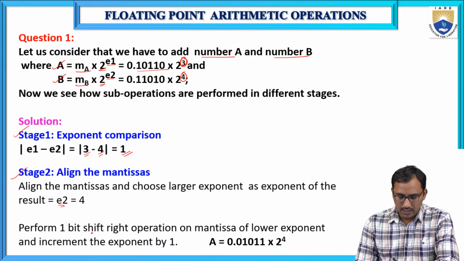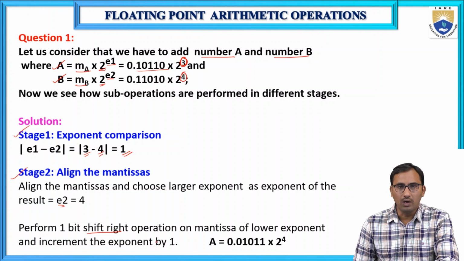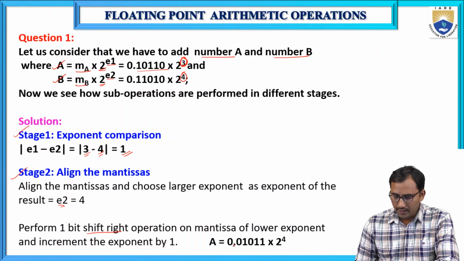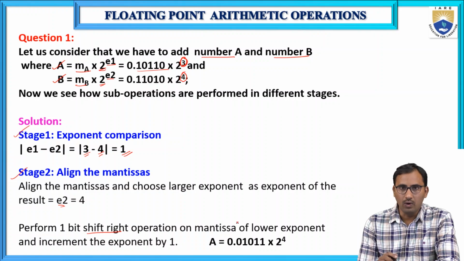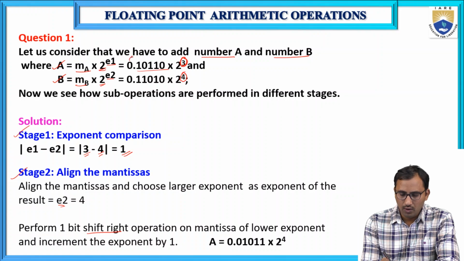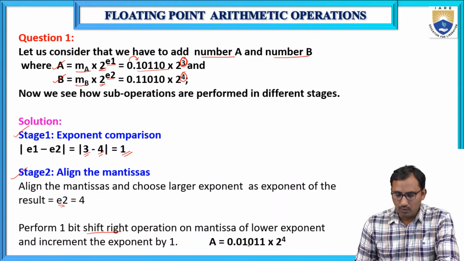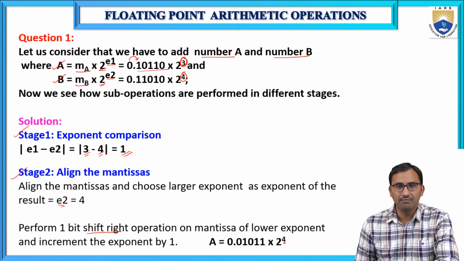So perform a 1-bit shift right on the mantissa of the lower exponent number and increment the exponent by 1. The 0 moves to after the decimal point, so it becomes 0.01011 into 2 power 4, because when you perform shift right the exponent is incremented by 1, so 3 becomes 4.